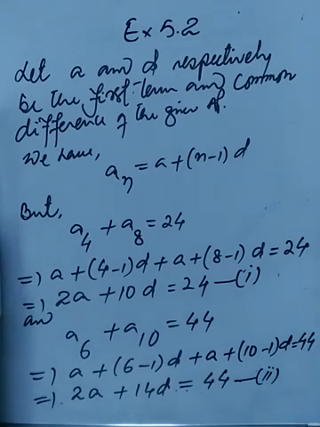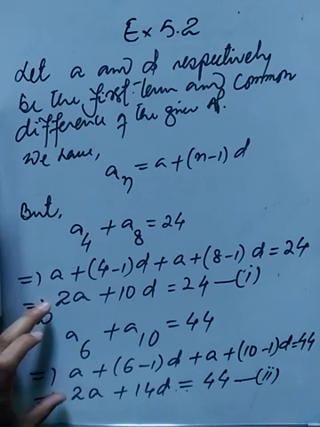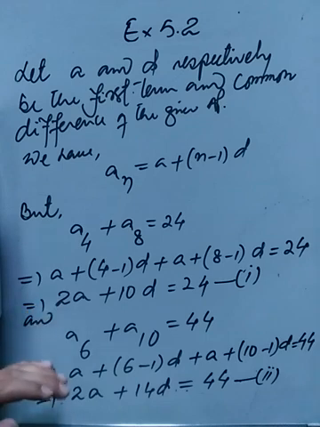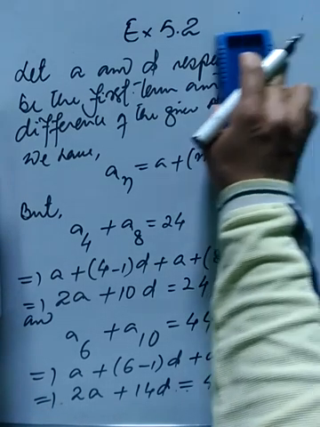Remember your linear equations in 2 variables. Here I want to apply the elimination method. You can subtract equation 1 from equation 2 so that twice a and twice a will be cancelled, so that you can find the value of d. So let me wipe out this part.